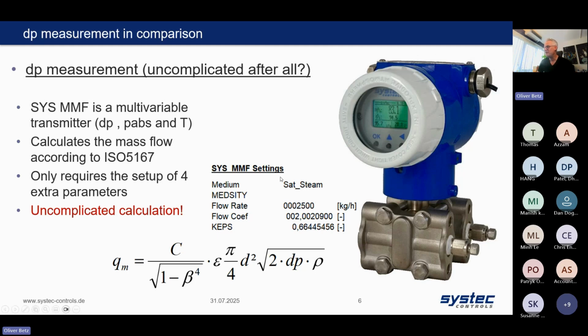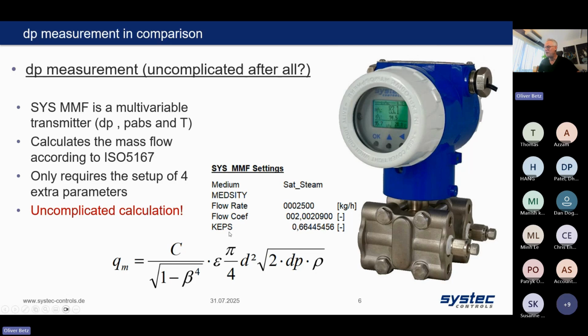Basically, you need to tell it what the fluid is and what the maximum flow rate is. And then you have to punch in a flow coefficient, which is calculated by our design software. So this is a numerical value, which includes all the calibration factors from the front part. And you need a K-EPS, which is a calculation compensation factor for the expansion factor.